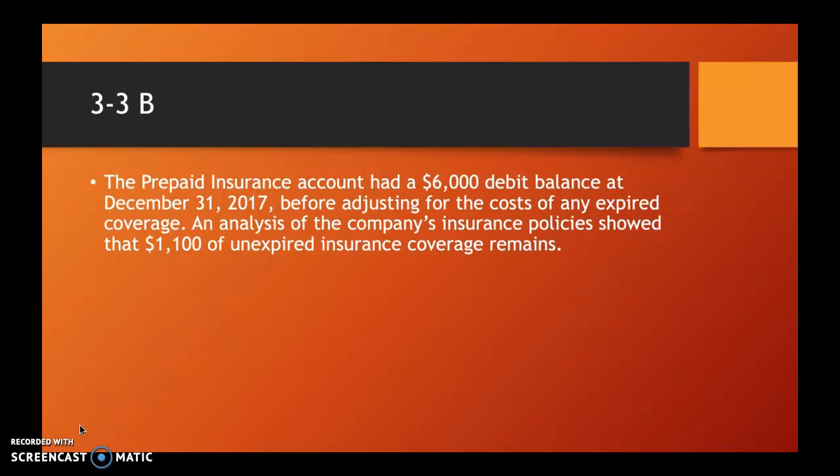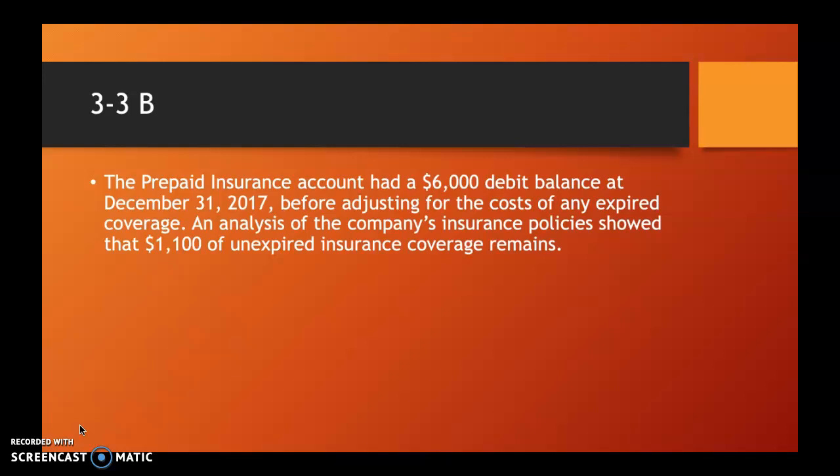Okay, so these I look at as almost like word problems in a math class. How I like to lay it out is, we had a $6,000 balance before adjusting, and at the end of the adjustment, there is $1,100 in unexpired insurance coverage that is going to go into the next year.